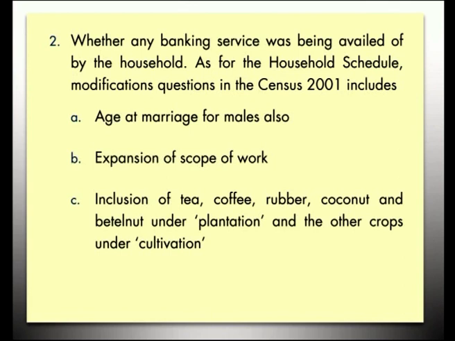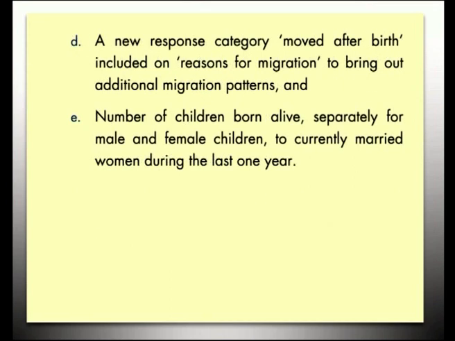A new response category, moved after birth, was included on reasons for migration to bring out additional migration patterns. The number of children born alive, separately for male and female children, to currently married women during the last 1 year was also included.